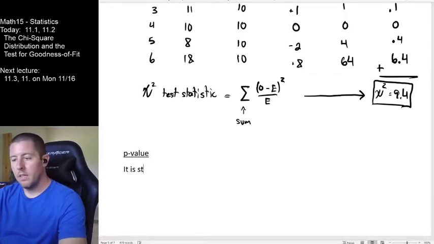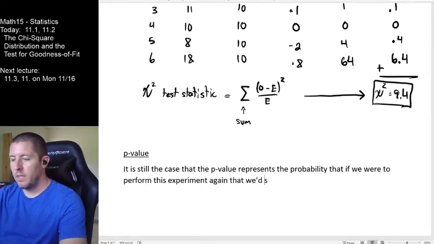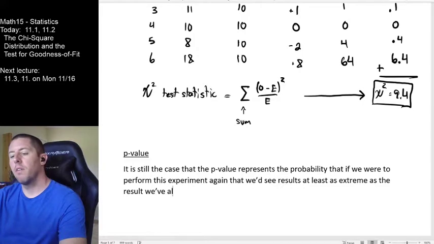Let me say, it is still the case that the p-value represents the probability that if we were to perform this experiment again, we'd see results at least as extreme as the result you've already seen.